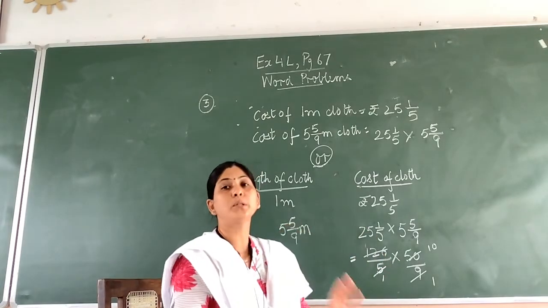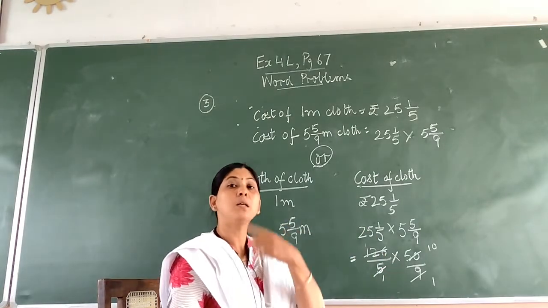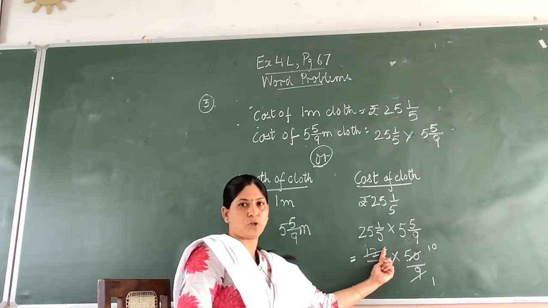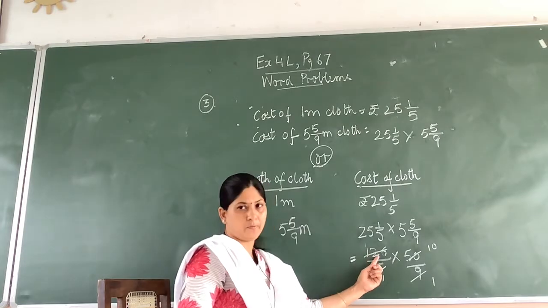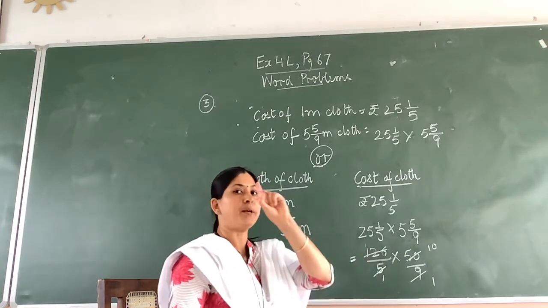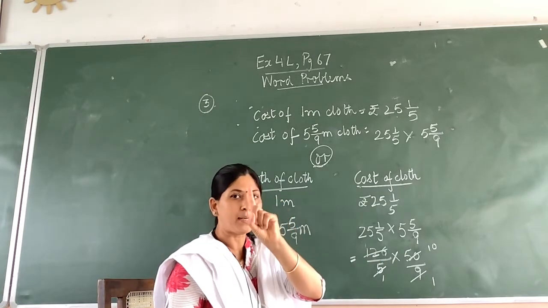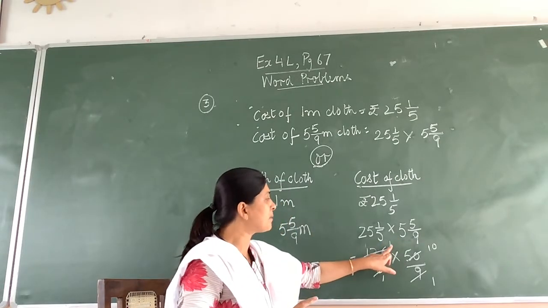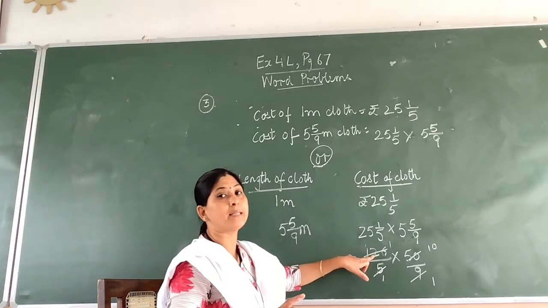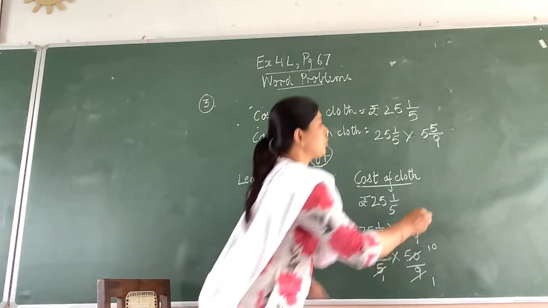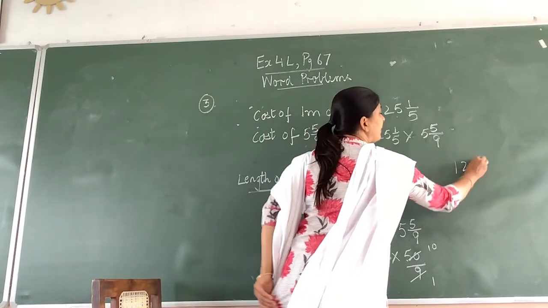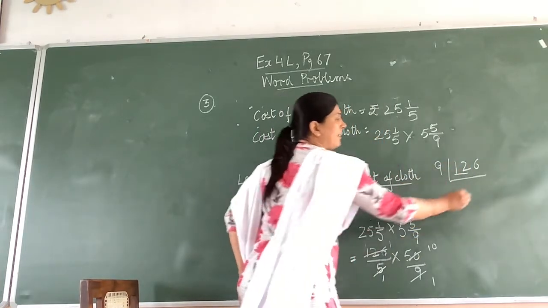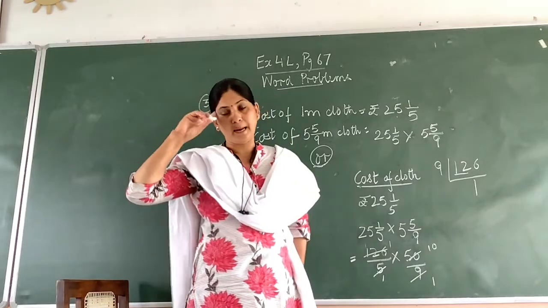Now we do not know the table of 9 till 126. So what will we do? We will leave 6 just now. We will take 12. See, we are dividing 126 by 9. I will show it to you here. 126, let us divide by 9. Now we are taking 12 here. 9 times 1 is 9.